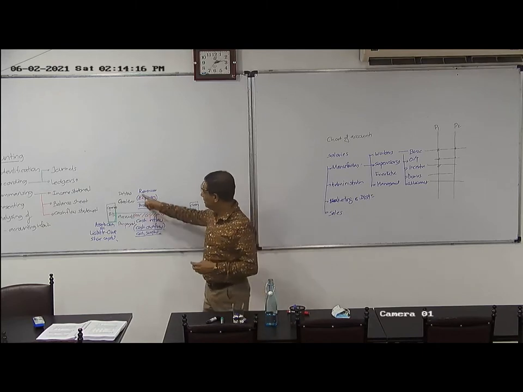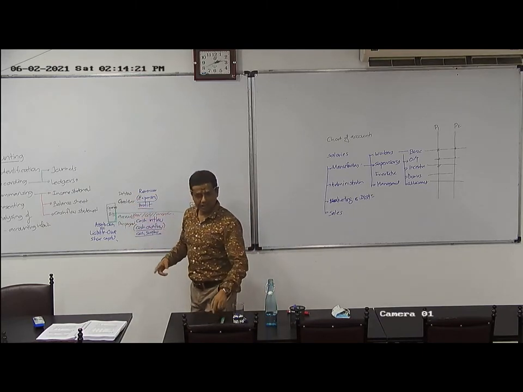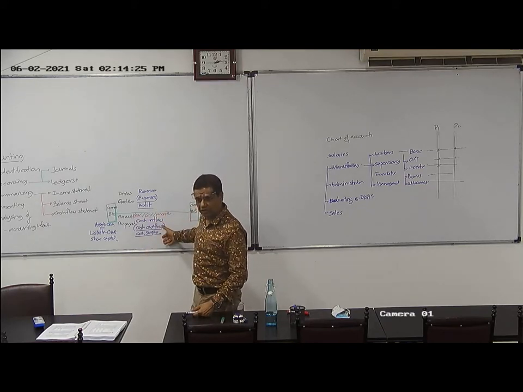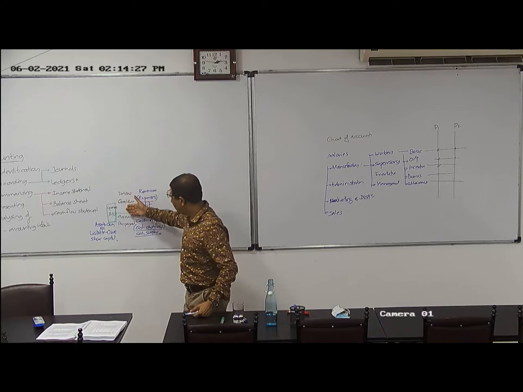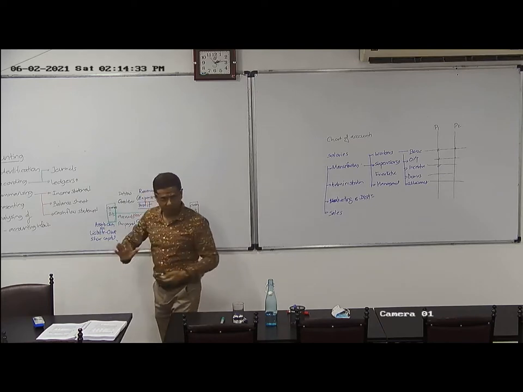So therefore there are numerous operational reasons which contribute to a difference between the income statement and the cash flow statement. Credit sales, cash sales, credit purchase, cash purchase, prepayment, accrued payment, all those things are there. Got the point, right?